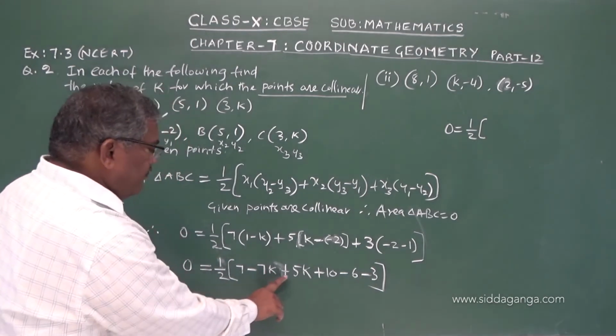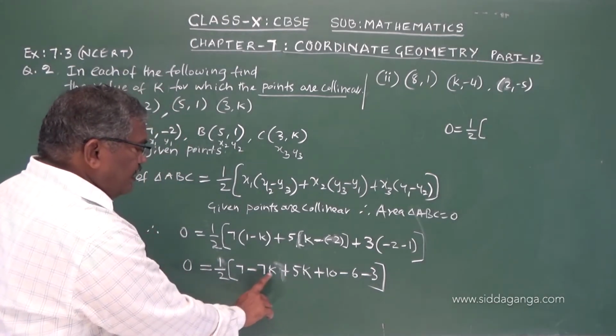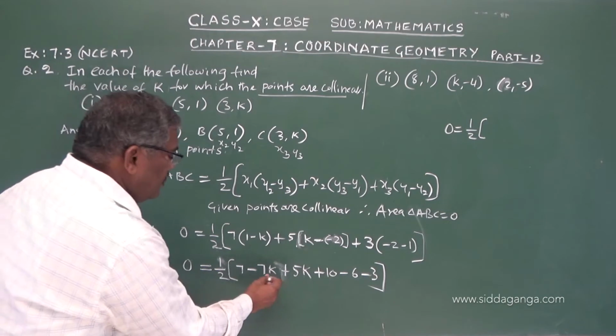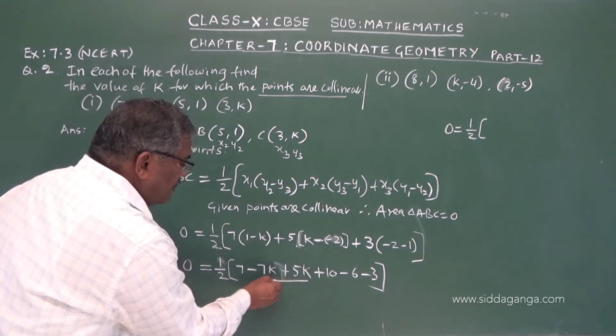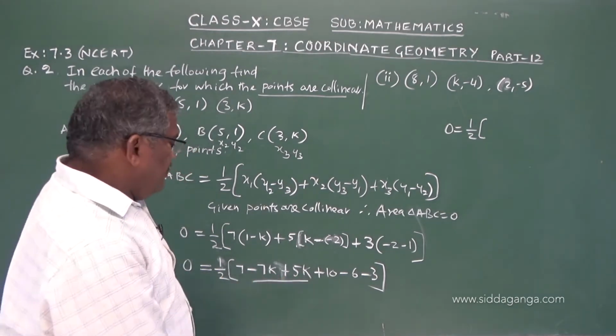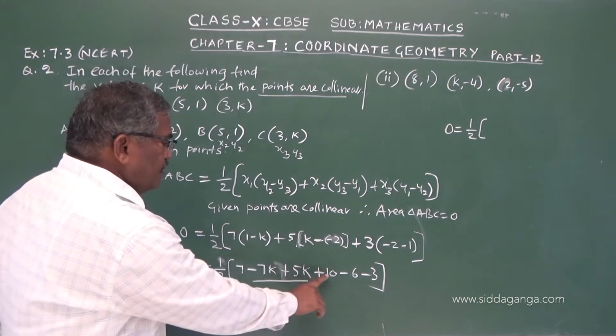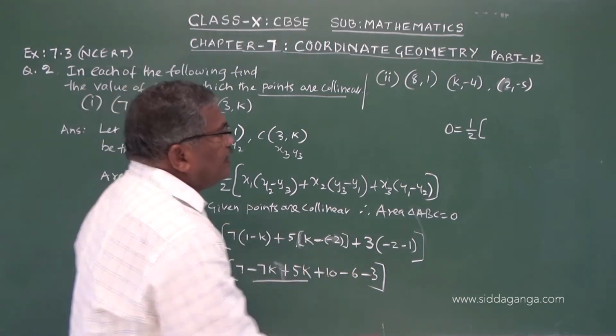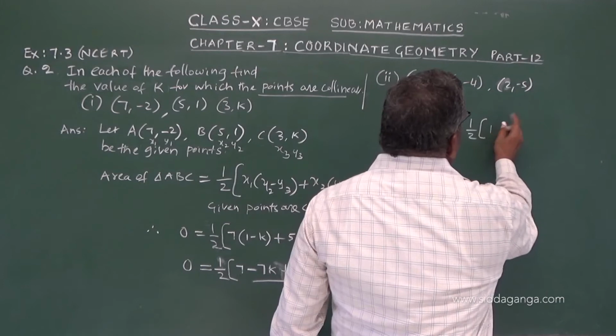Here is minus 7k plus 5k, so from these two we get minus 2k.